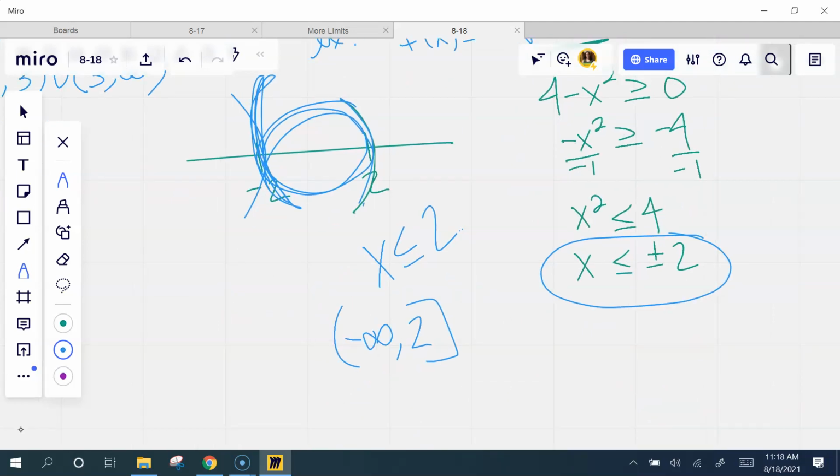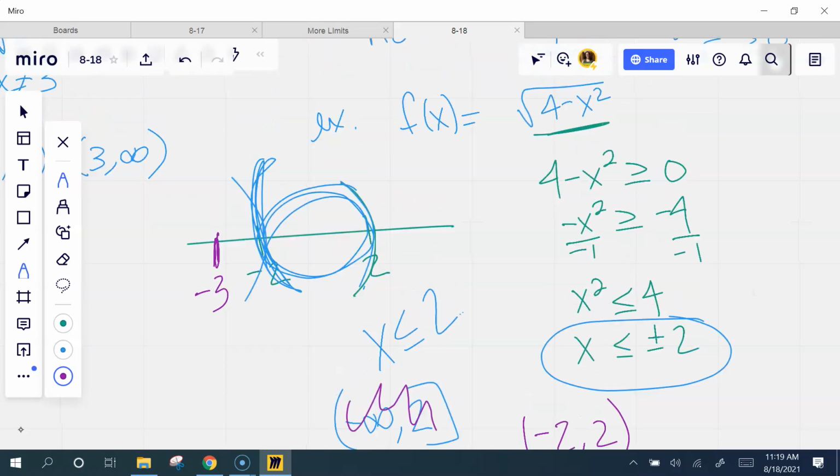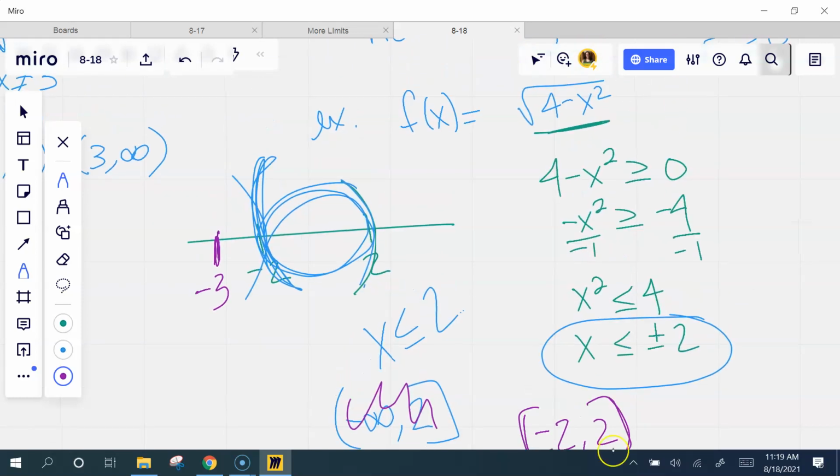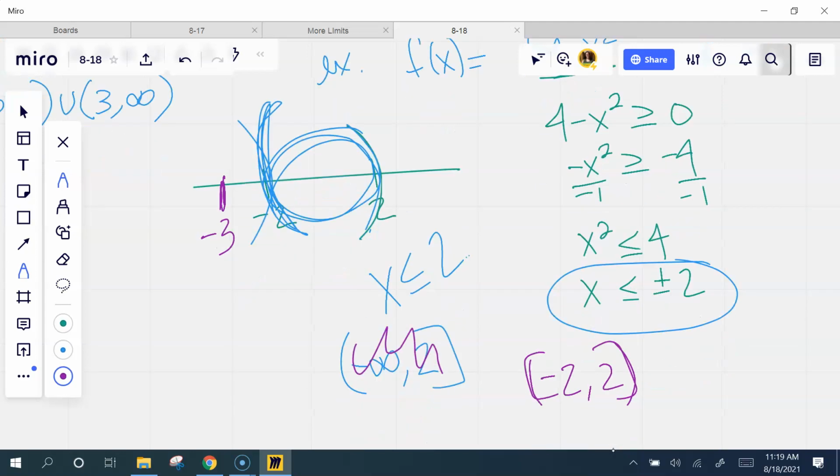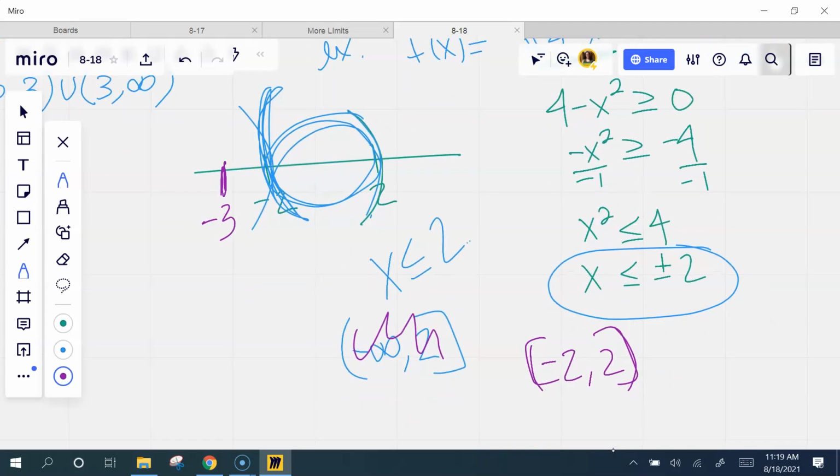Because look, what happens if you do negative 3? Plug it in there. What happens? I know I'm almost out of time and I'm rushing. Yes, because it's got to stay between those two, but it can't go outside. They're both brackets. So when we solve that, the answer is going to be between those two values. Correct.